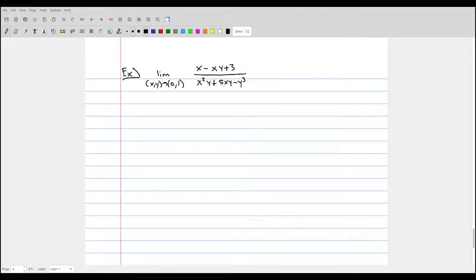So we can use the quotient limit law and then the sum limit law on each individual numerator and denominator. The quotient limit law says that this is going to be the limit of the numerator divided by the limit of the denominator, provided that the denominator limit is non-zero.